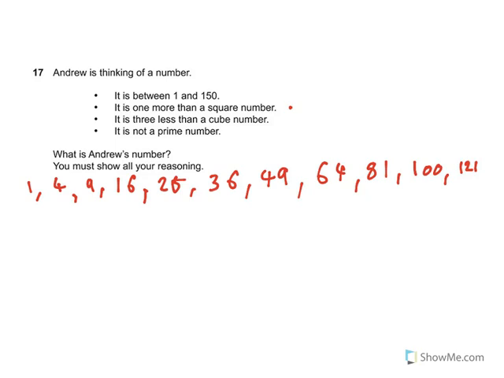But remember, we're looking for 1 more than a square number. So these numbers need to be 1 larger. So 1 larger than 1 is 2. 1 larger than 4 is 5, and so on and so forth.